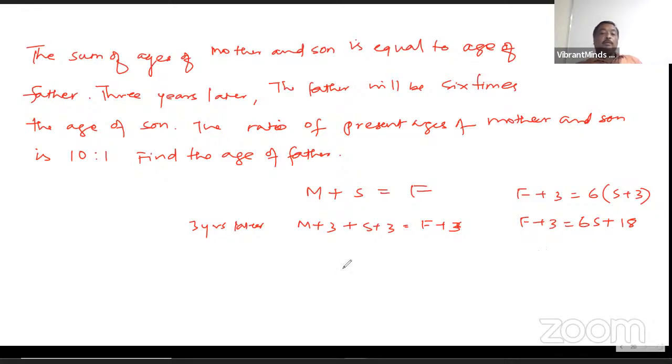And moreover, we also have mother is to son is equal to 10:1. So if we have 10x and 1x, it will be 11x. So let's replace.